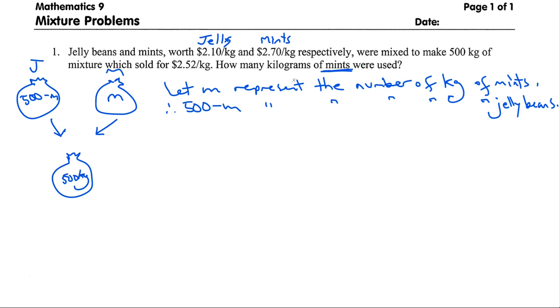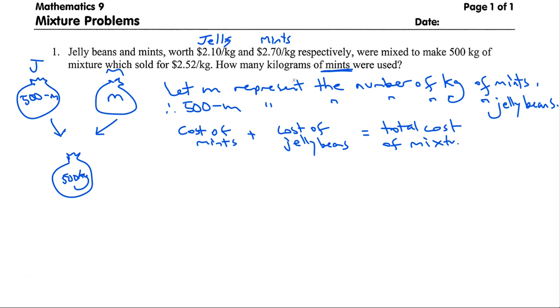And the next thing I want to do is talk about the cost. The cost of mints plus the cost of the jelly beans is going to equal the total cost of the mixture. The mixture is this bag over here.